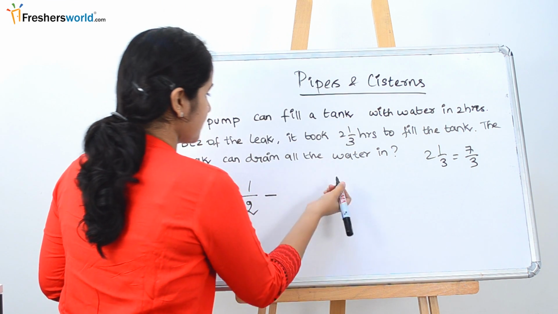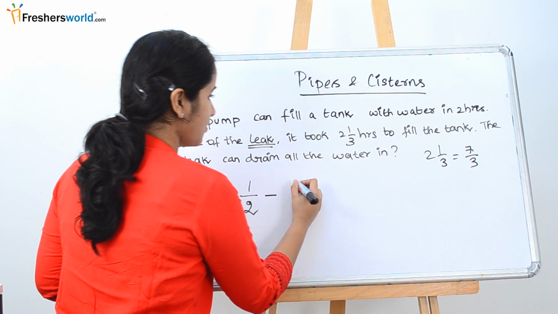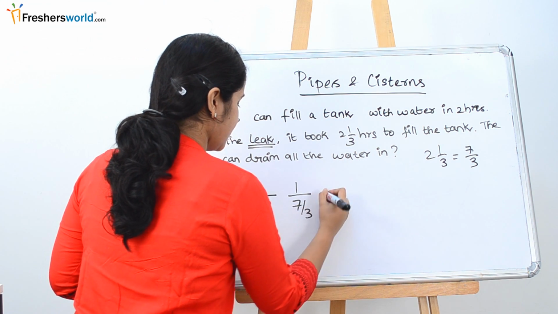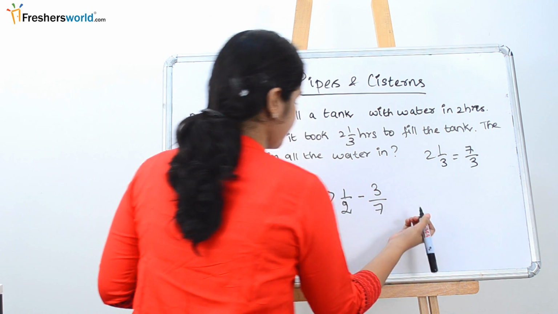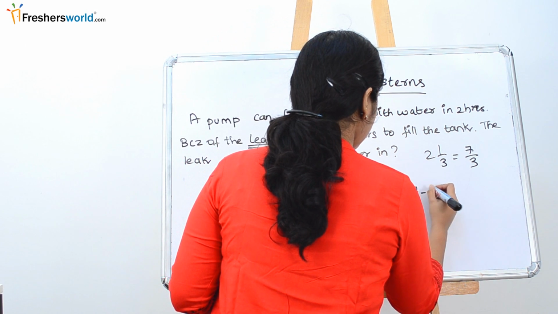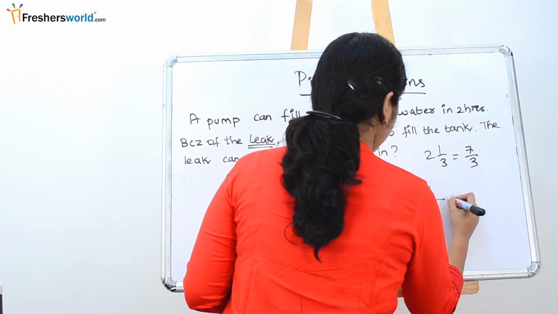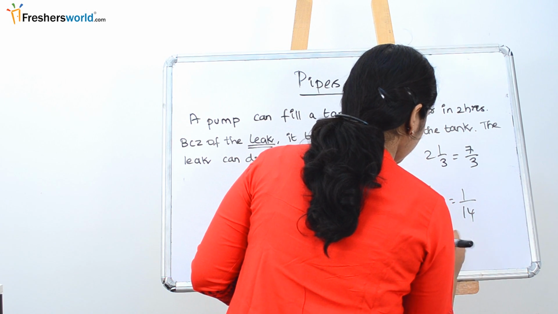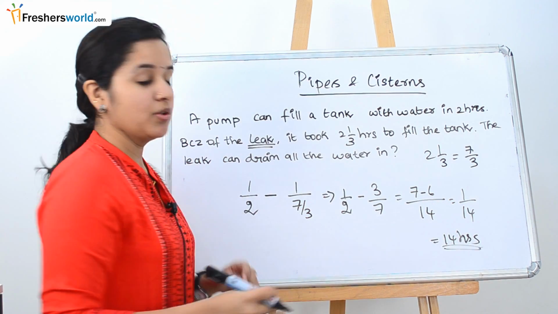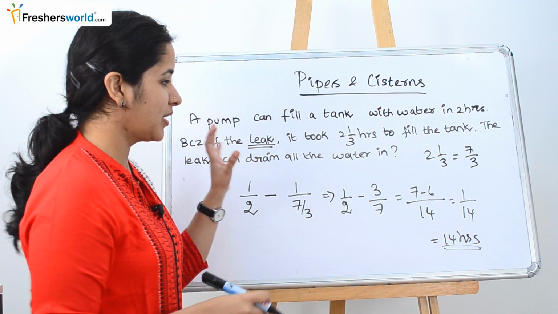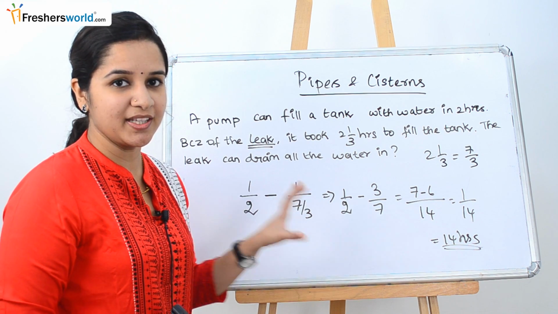Minus, because leakage is given, minus of 1 by 7 by 3. So solve it: 1 by 2 minus 3 by 7, which is 7 minus 6 by 14. So 1 by 14, which is 14 hours. It took 14 hours for the leakage to completely empty all the water in the reservoir.